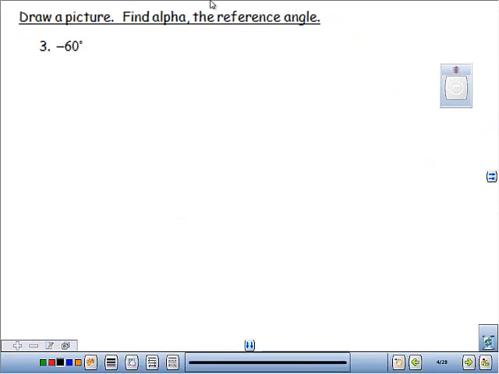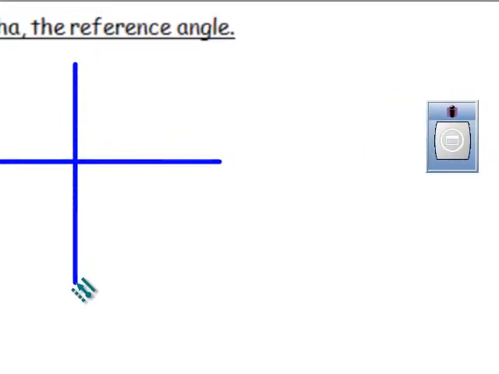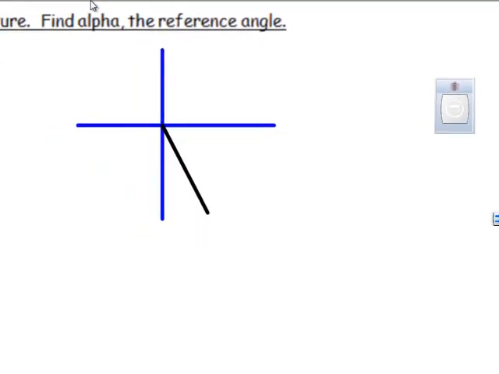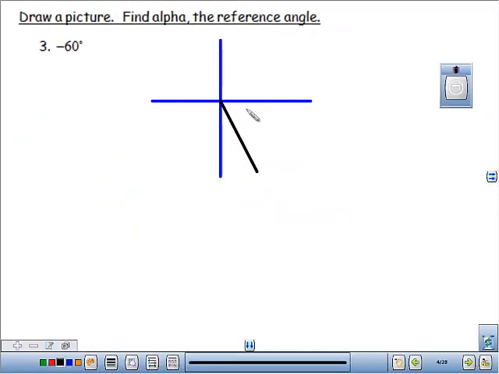Okay, next ones are the same set of instructions. Now this one's given to you in degrees. Negative 60 degrees is going to be in quadrant 4. And you need to show your arrow that you went in the negative direction to get there.